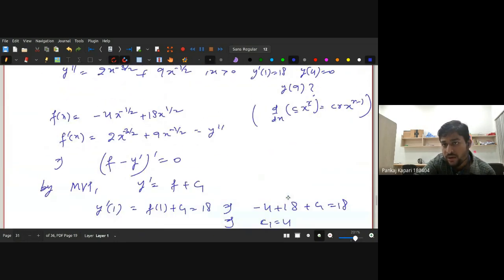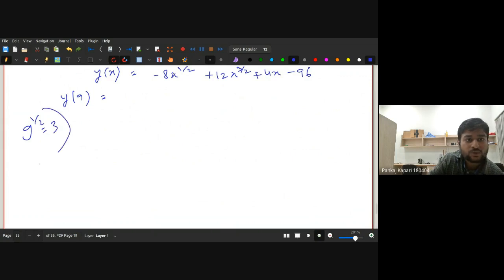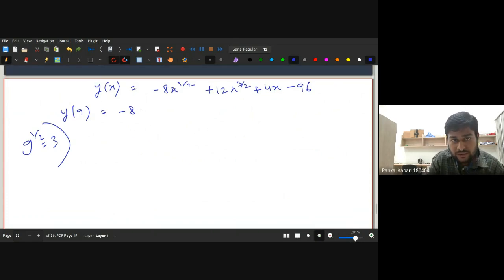We have to find its value at 9, y of 9. Notice that 9 to the power half is just 3, the square root of 9. So we'll use that: minus 8 times 3 plus 12 times the cube of the square root, which is 3 cube, 27, plus 4 times 9, which is 36, and minus 96.